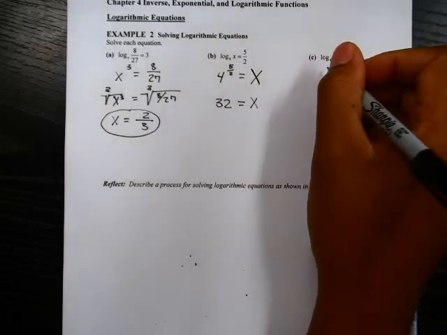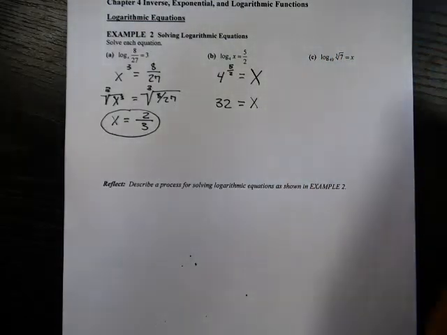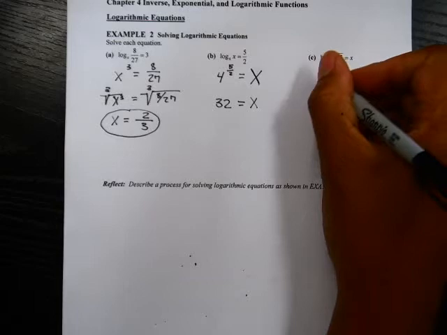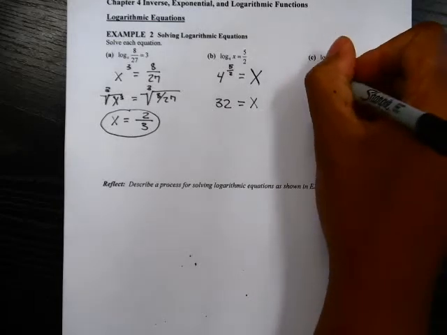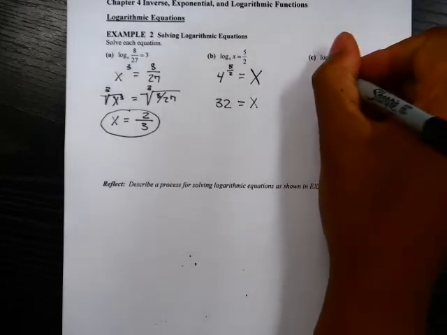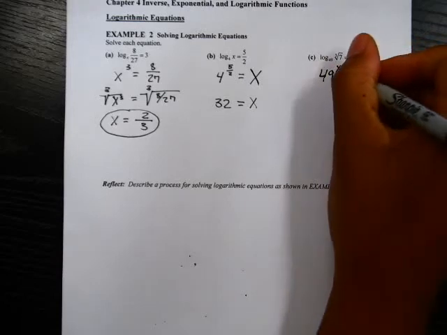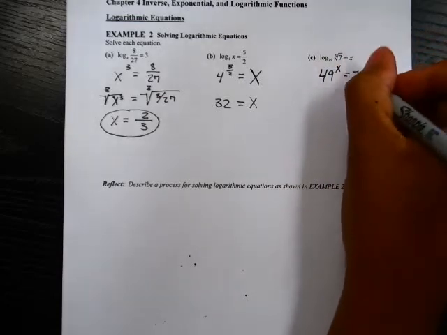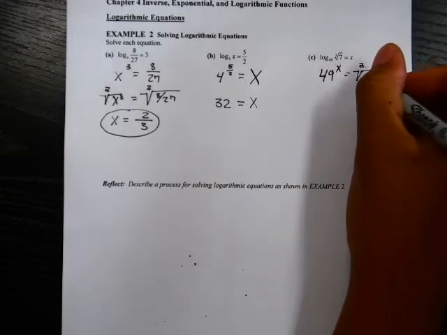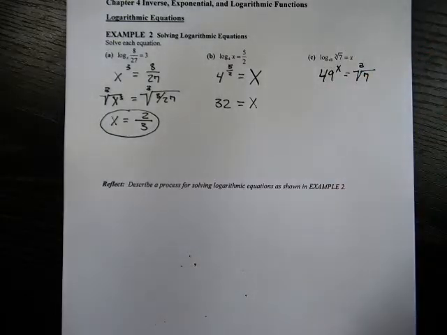So if I change this to an exponential form, this would be 49 to the x power is equal to the cube root of 7. Just like the previous section, what we will try to do is get our bases to be the same.